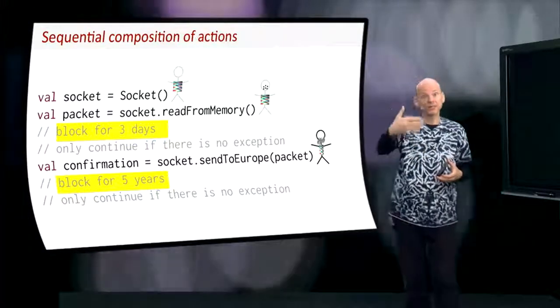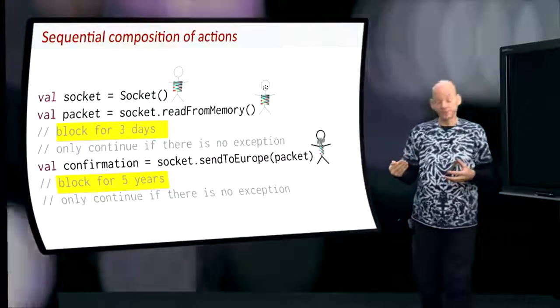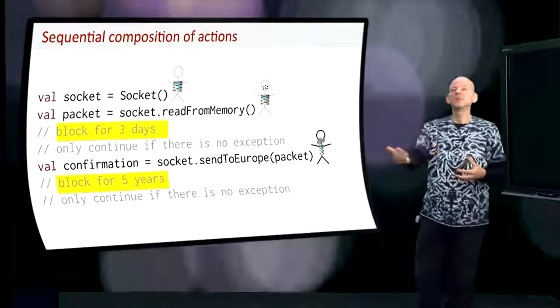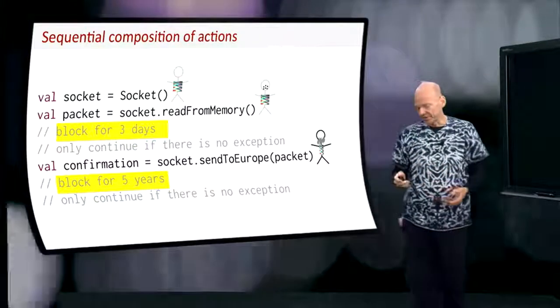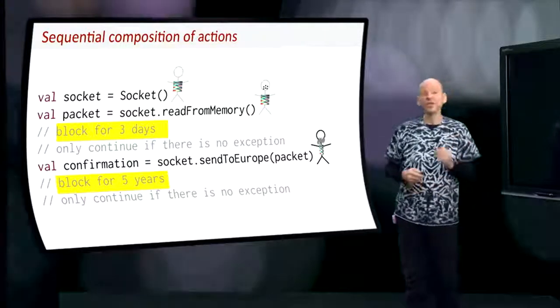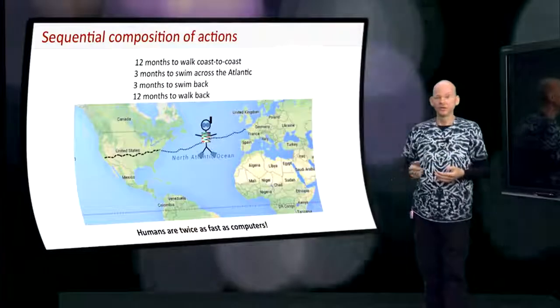So if a computation takes a lot of time, we're going to introduce a type where you can register a callback that will be invoked once this computation terminates. And again, that computation might terminate successfully or with an exception.